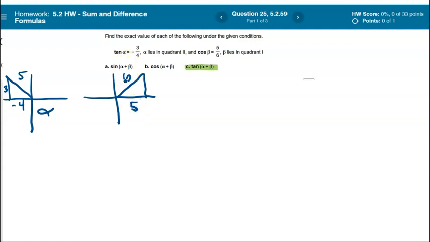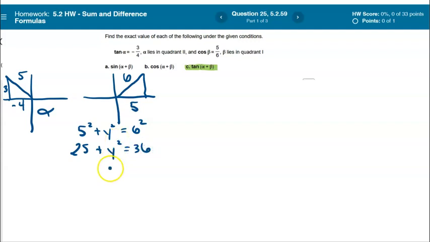And so we have to find the y value right here. To do that, I'm going to use the Pythagorean theorem. So we know that 5 squared plus y squared is equal to 6 squared. When I simplify that, that's 25 plus y squared is equal to 36.